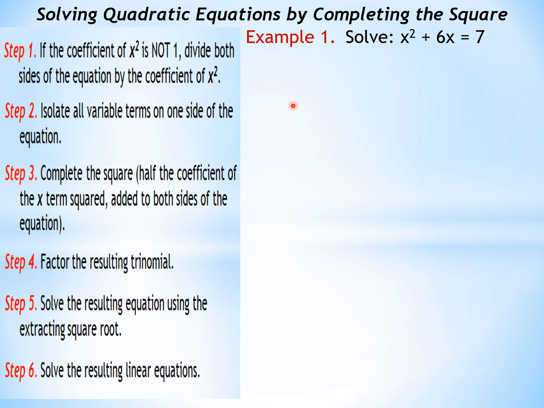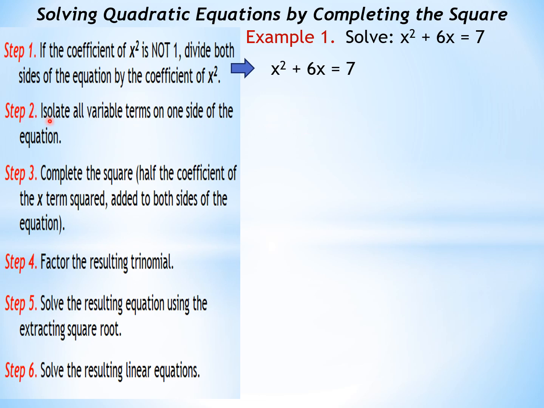Heto, example 1 natin. Solve the equation x squared plus 6x is equal to 7. Step number 1, kapag ang coefficient ng x squared ay hindi 1, divide natin. Since 1 yan, hindi na natin i-divide, i-copy na lang natin.